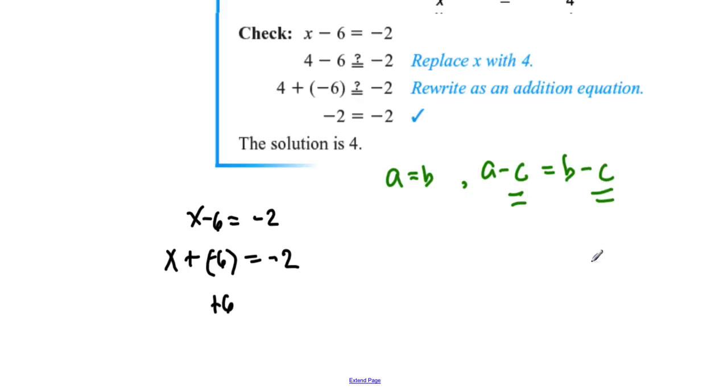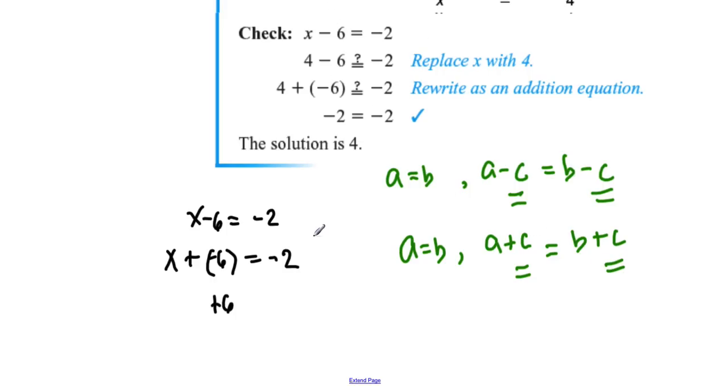Whatever you subtract from one side, you need to subtract from the other side. And the addition property of equality states, if you recall, if A is equal to B, then A plus C is equal to B plus C. So whatever you add to one side, you need to add to the other side.